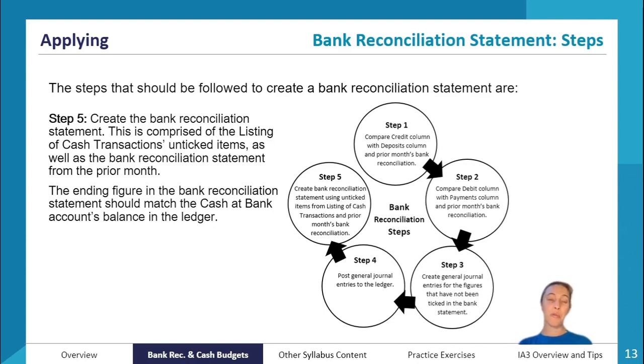Usually it would be very rare that you would get balance amounts without actually having it correct. So in the same way, this has built-in mechanisms where you can check if you're correct, because that ledger figure needs to match the ending figure in the bank reconciliation statement that you create in this step 5.